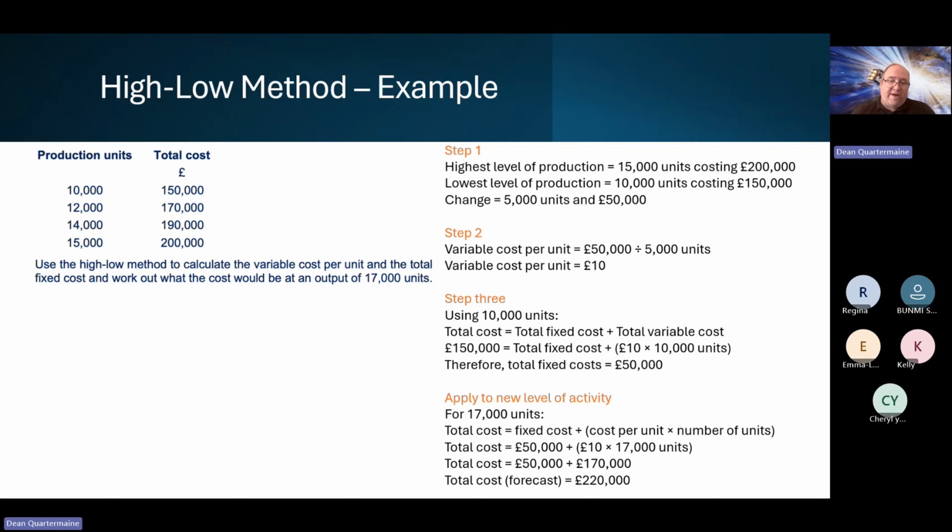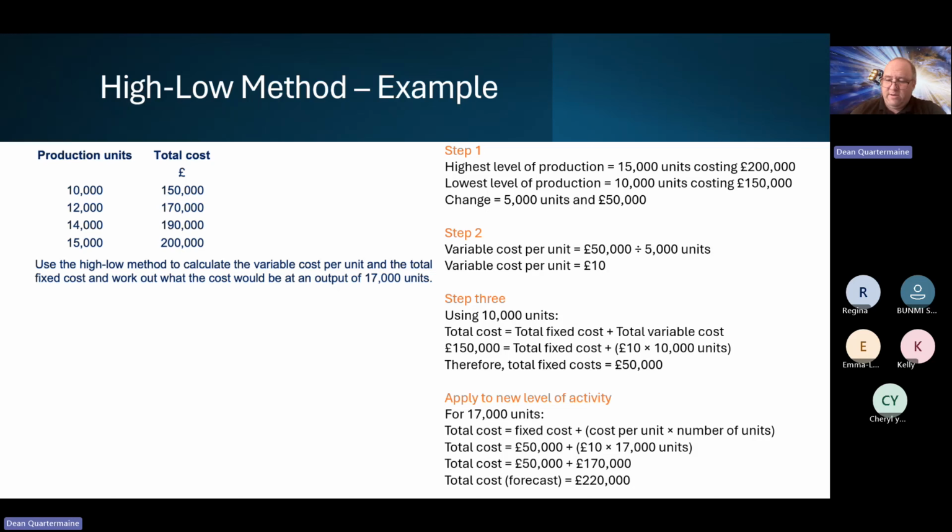Now we know the fixed cost is £50,000 and the variable cost per unit is £10. So we can work out the second part of the question, which is what the total cost would be at an output of 17,000 units.